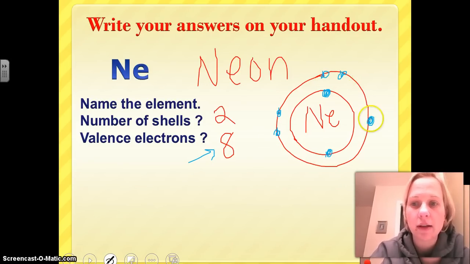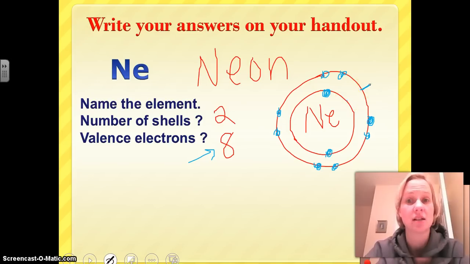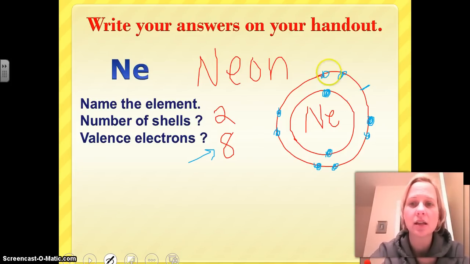And that's what we want, because for this thing to be happy and full and content and have an A in science, this element, neon, has to have 2 electrons in the first circle and 8 in the second, and it does. So that's why neon is so very special. It's so very happy. It's so very good to go. It doesn't want to react with anybody else because it's full.